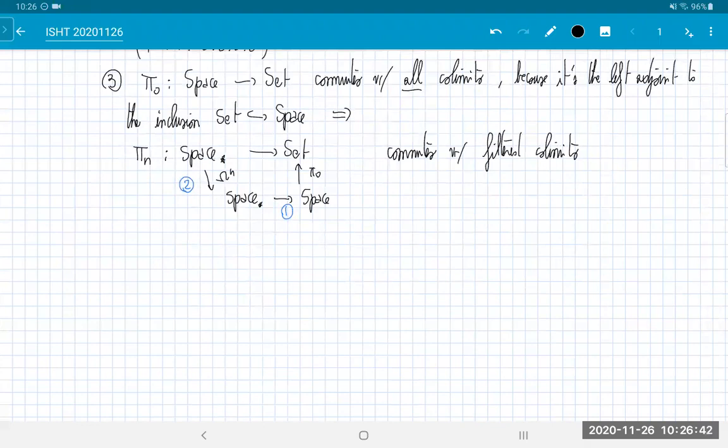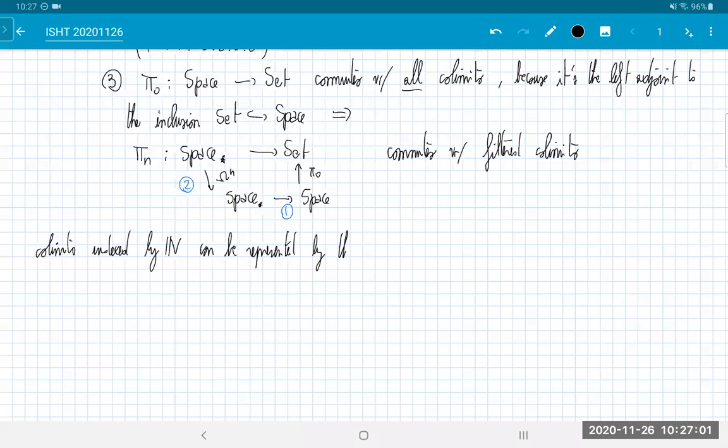No, not really. In the case of N, which is the case we care about, colimits indexed by N can be represented by the mapping telescope in top.